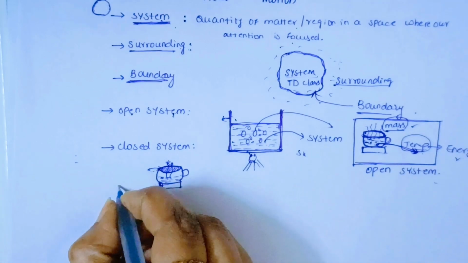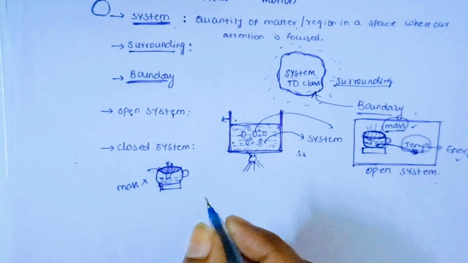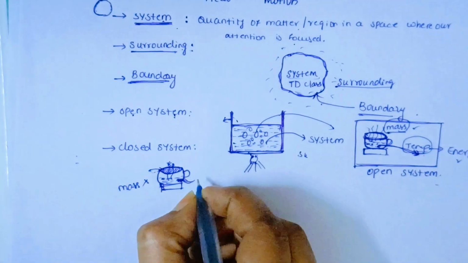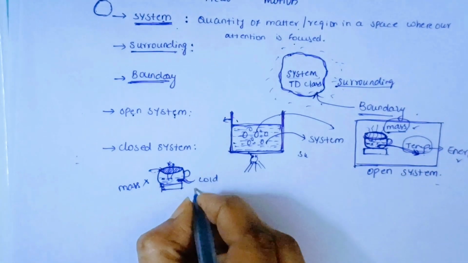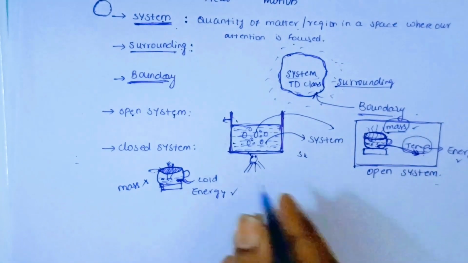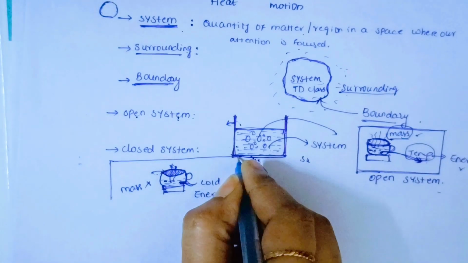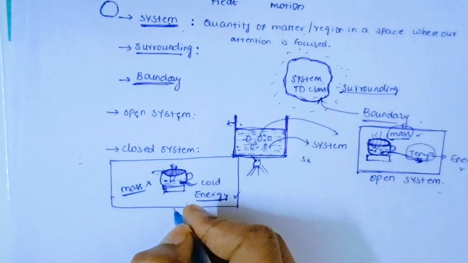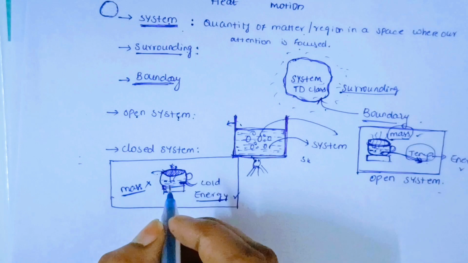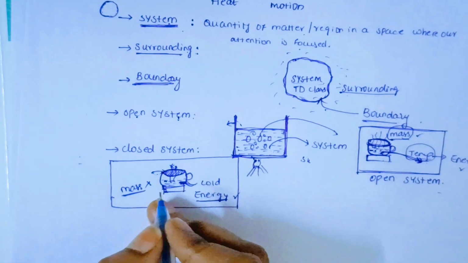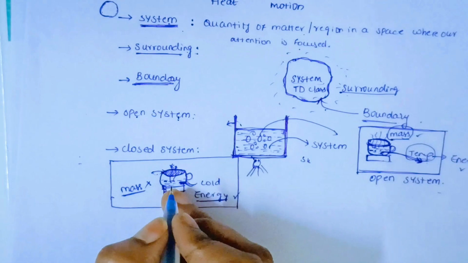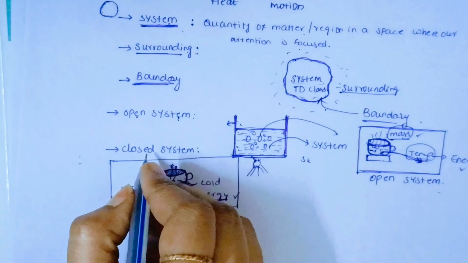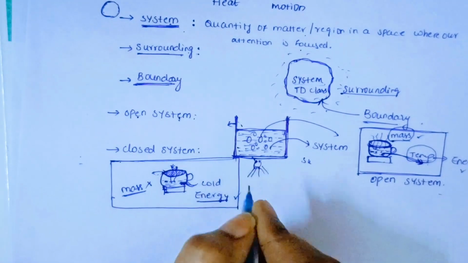But after some time the hot chai becomes cold chai, so here energy transfer is occurring. In a closed system, there is only energy transfer and no mass transfer. There is no mass transfer between the system and surrounding, so the mass of the system is constant but the energy will change. This is the example for a closed system.